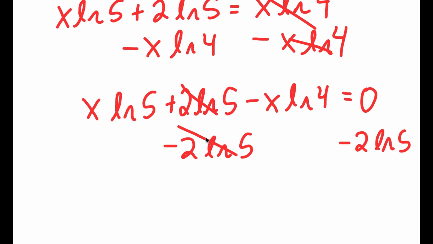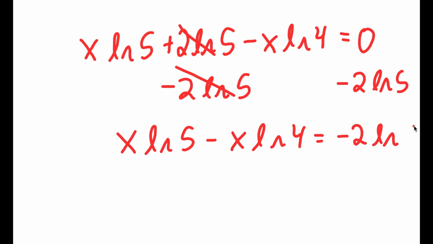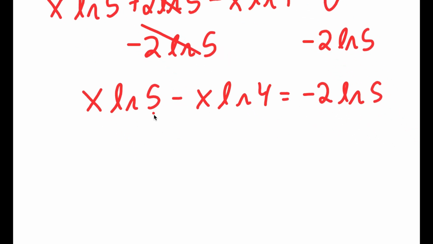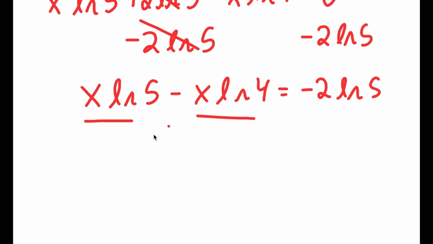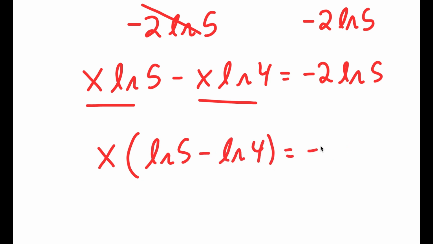So these two cancel out, and I get x times ln of 5 minus x times ln of 4 is equal to negative 2 times ln 5. Now the reason I did this is because both of these terms have x. So their greatest common factor is x, and what I'm going to do is factor out x. So I get x times ln 5 minus ln 4 is equal to negative 2 times ln 5.